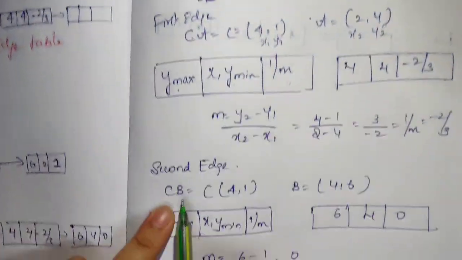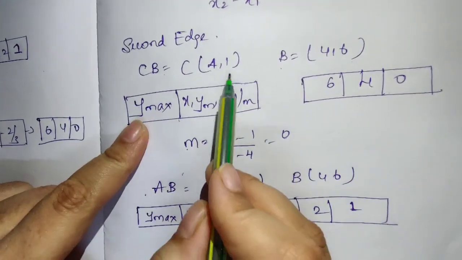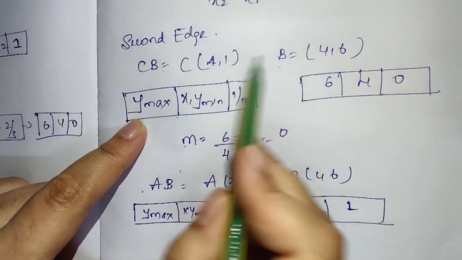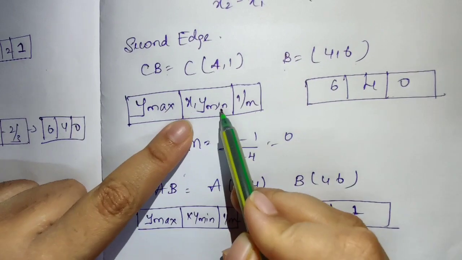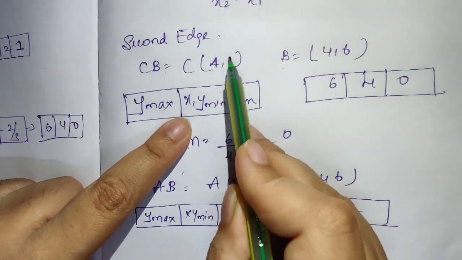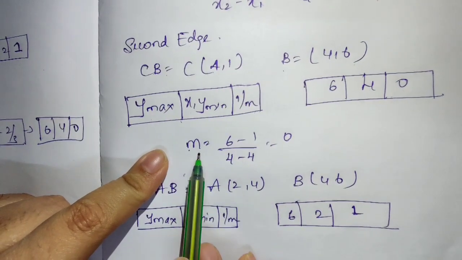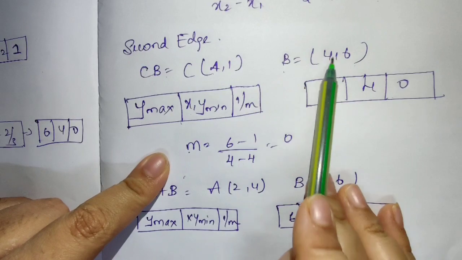Okay, so the value of C is 4 comma 1, the value of B is 4 comma 6. So the same formula, y max, x comma y minimum, 1 divided by m. So in between these 2 points the maximum y value is 6, so 6 as it is. The minimum y value is how much? 1. With respect to x is 4, so 4. Next slope formula, y2 minus y1 divided by x2 minus x1. 6 minus 1, 4 minus 4.